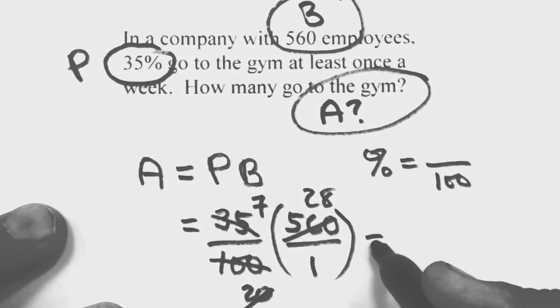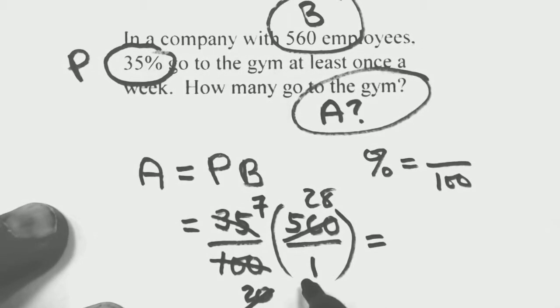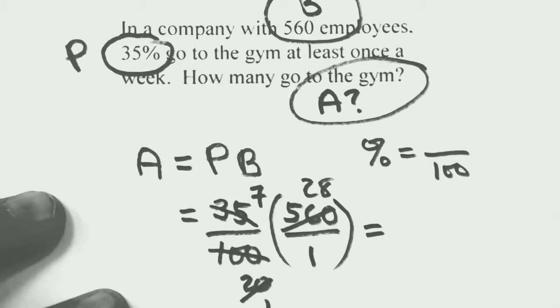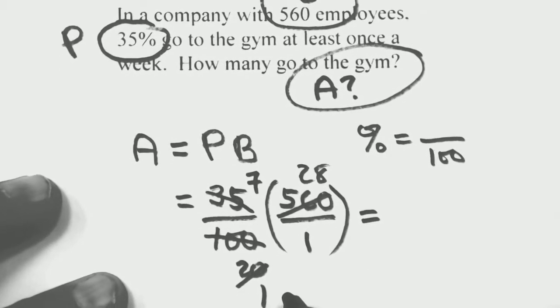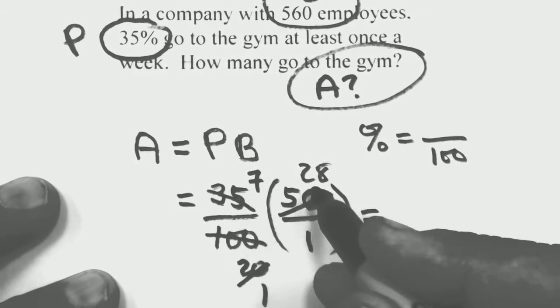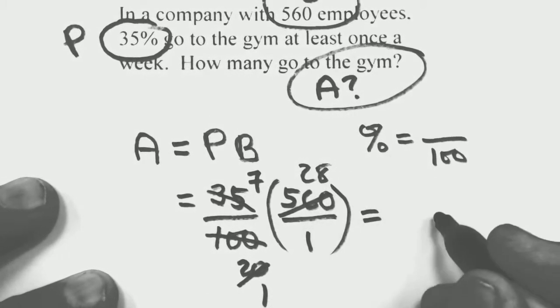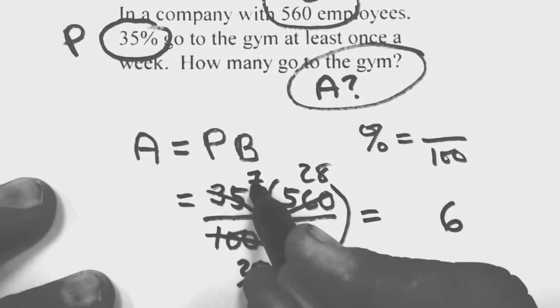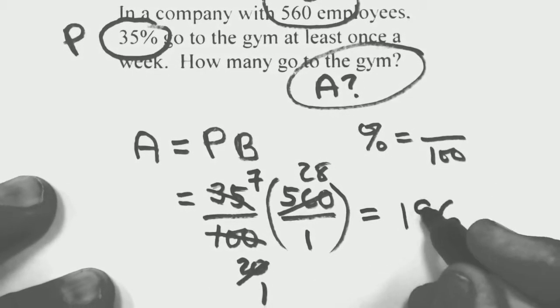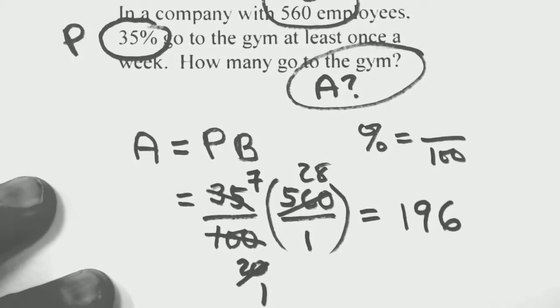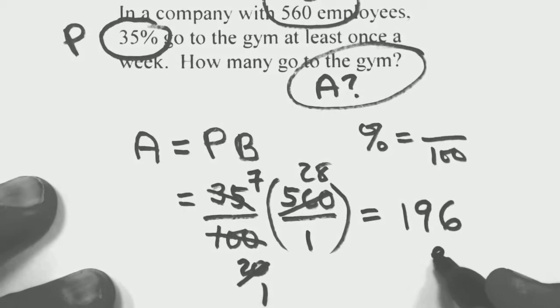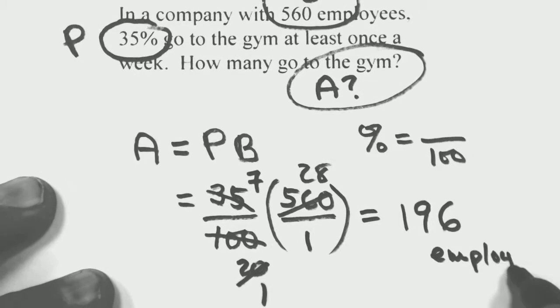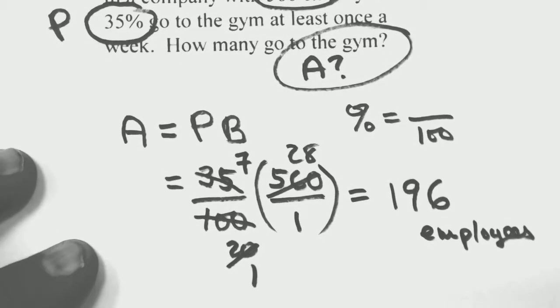Okay, so what's the amount here? Well, we have 1 times 1 downstairs, so the answer is just what the upstairs is. What's 7 times 28? Well, 7 times 8 is 56, carry the 5. 2 times 7 is 14, and 5 is 19. So we come up with 196 employees that go to the gym.